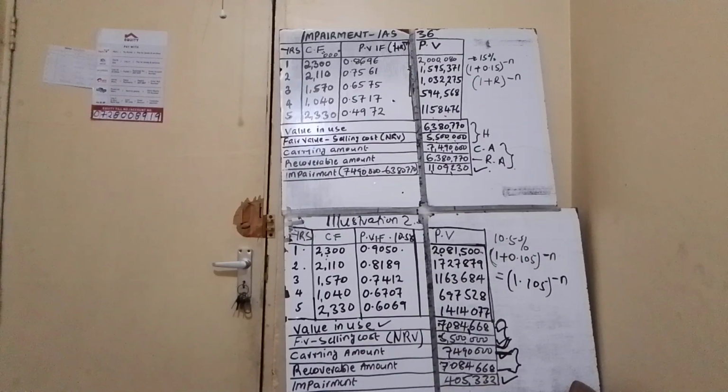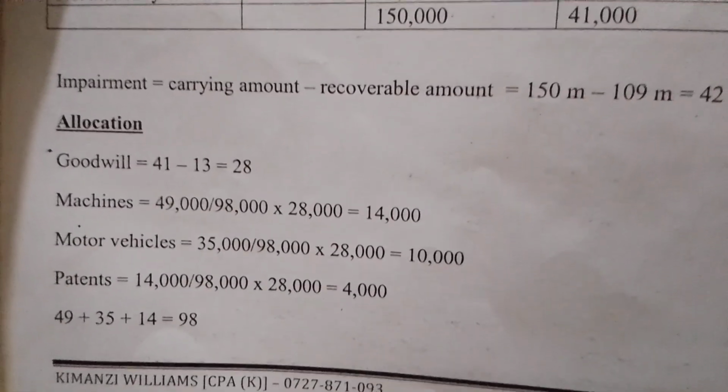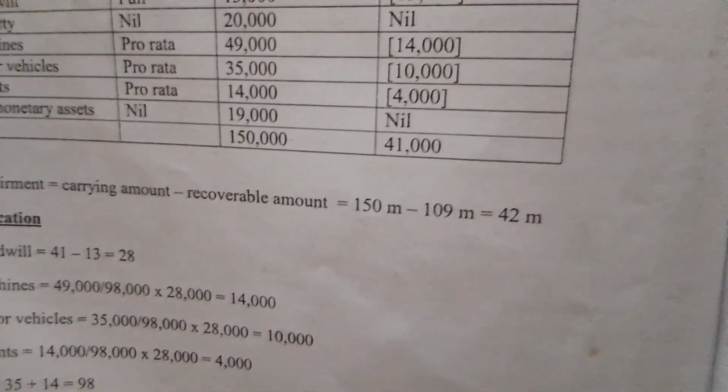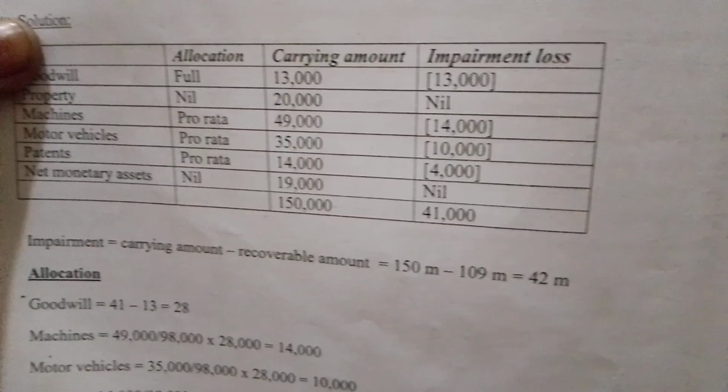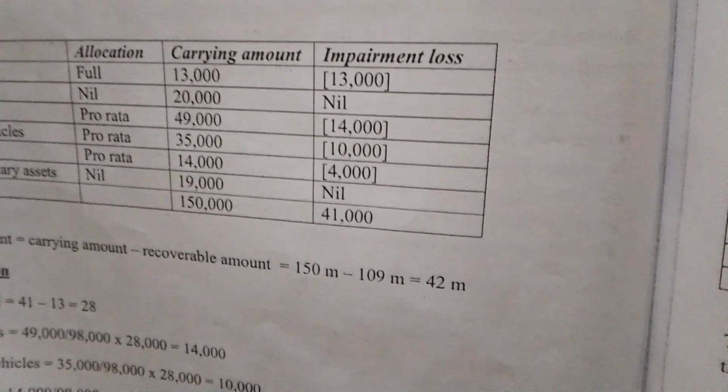Now I'll show you the workings, before I take a different example for you. So check. Impairment, we have said, is carrying amount minus recoverable amount.